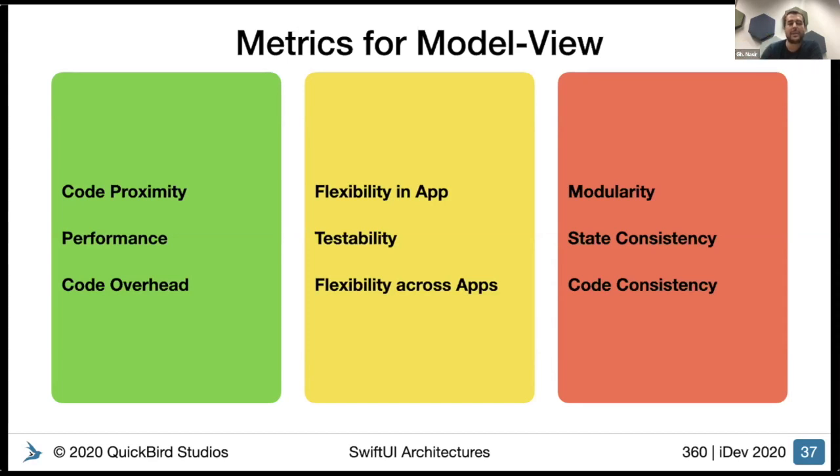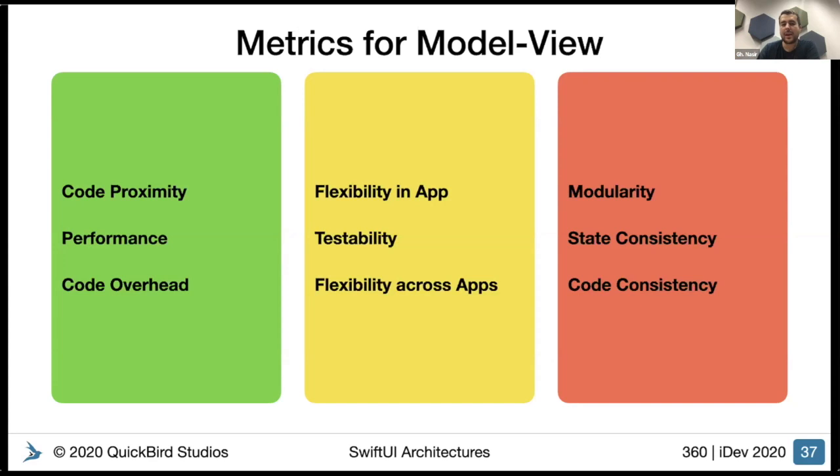However, performance is pretty bad if you think that you're getting the same state in different views from the model, and you don't have a shared state that you can access that data from. Then performance would be pretty bad. There's very little code overhead, assuming that you have all of the model services abstracted well enough, then you pretty much have no code overhead that is apparent to the architecture itself.